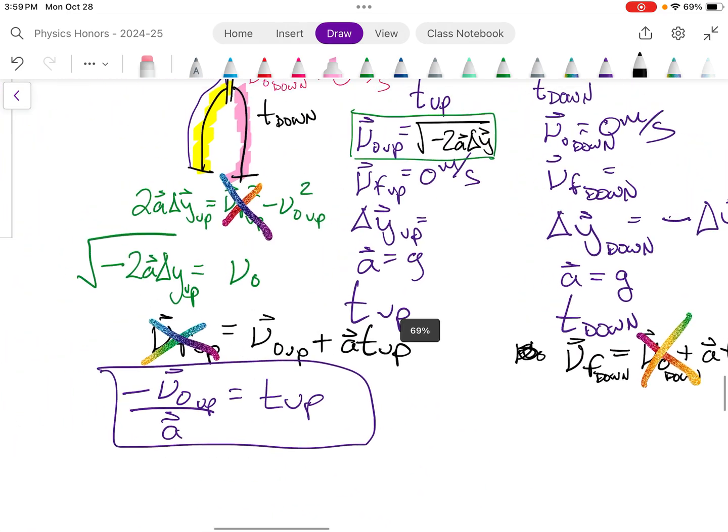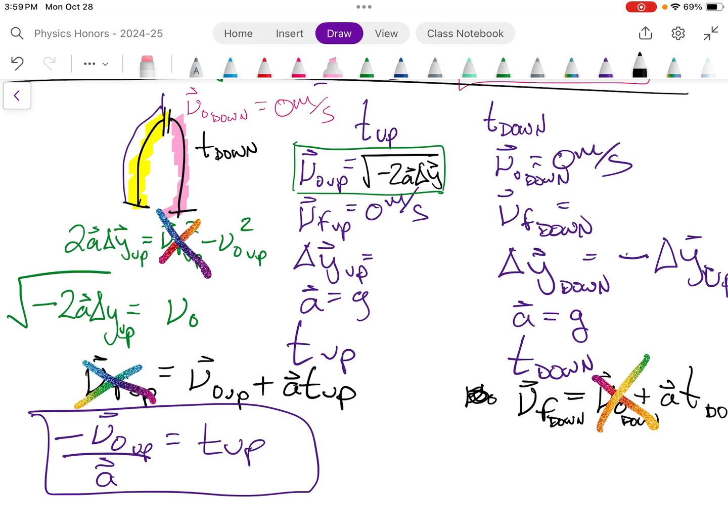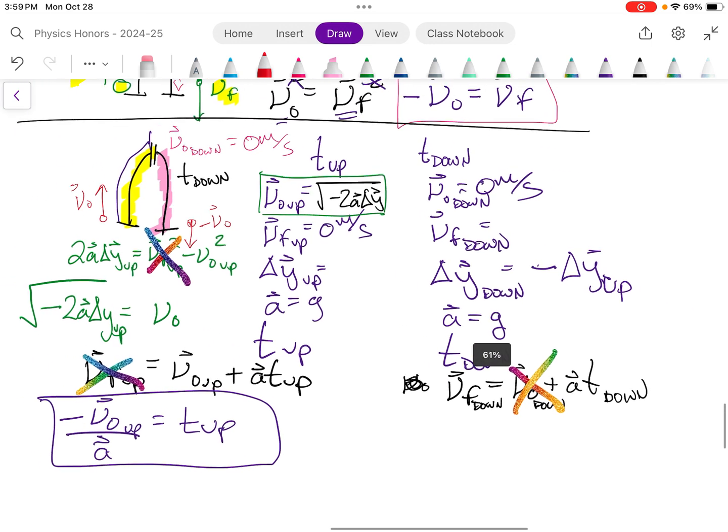All right, so that means that vo, if we're talking about the entire trip, is the same thing as negative vf, and vice versa. vf is the same thing as negative vo. So let's put that in here.